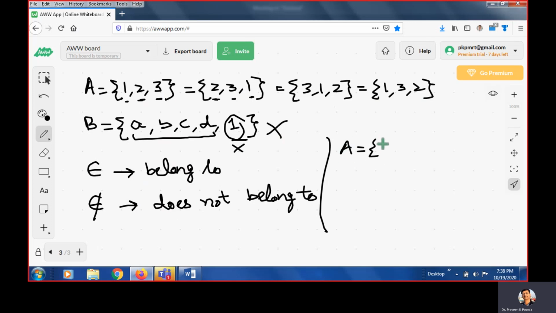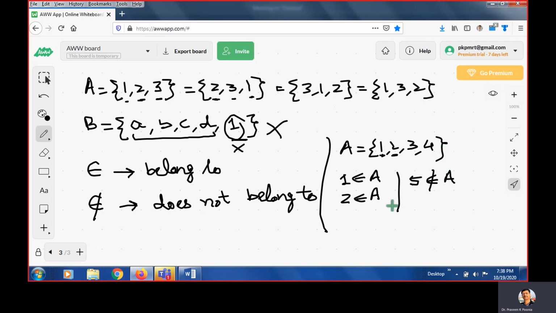Clear? If A equals 1, 2, 3, 4, there are 4 elements in this. Clear? So if I say 1 is in A, yes, 1 is in A. So 1 belongs to A. 2 is in A, yes. 2 belongs to A. But if I write, is 5 in A? No, 5 is not here.